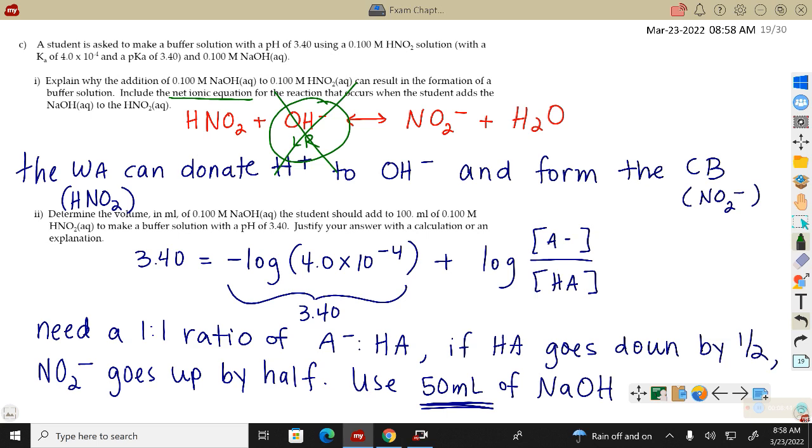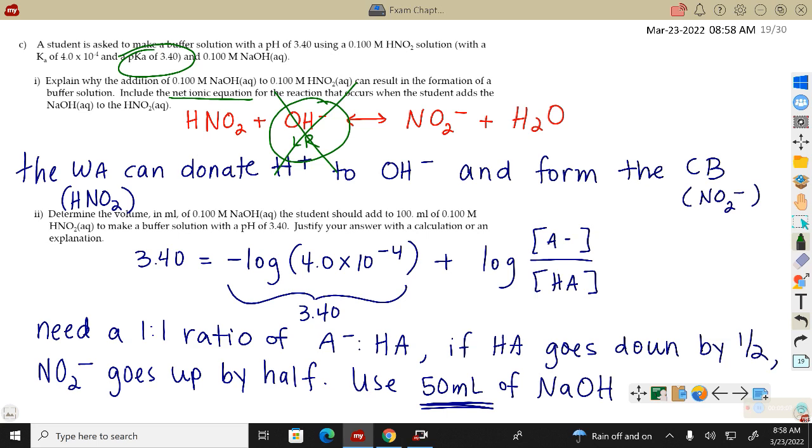So I want a pH of 3.4, which actually is the pKa. It is the opposite log of the Ka. So then I know that I want that special buffer with a 1-to-1 ratio of acid and base. Okay, so let's see, what are we going to do here?